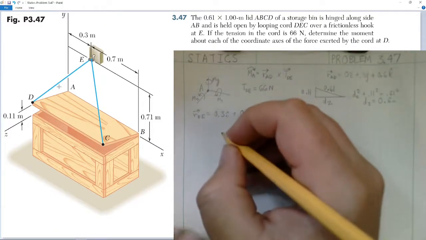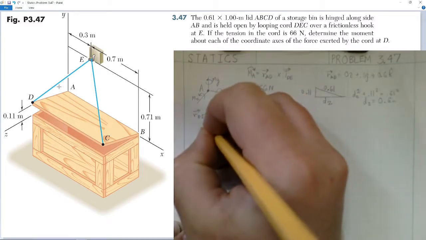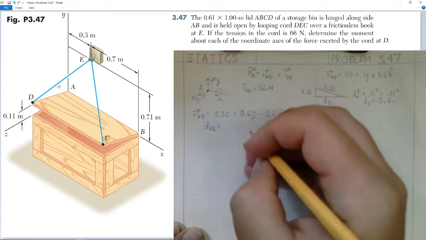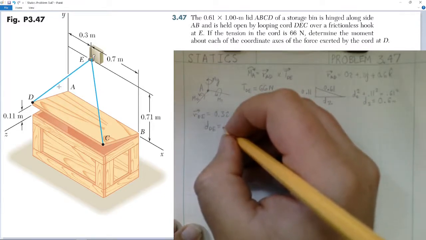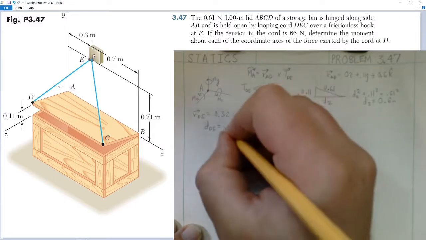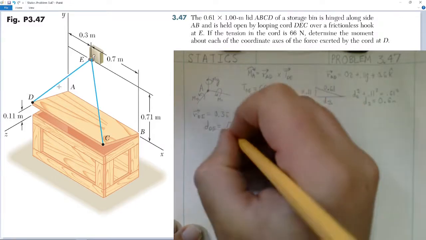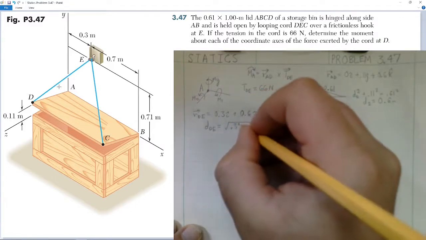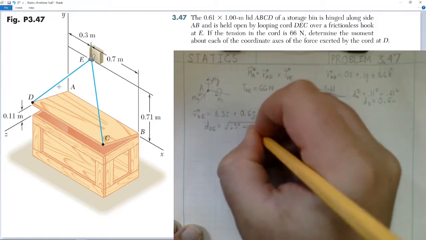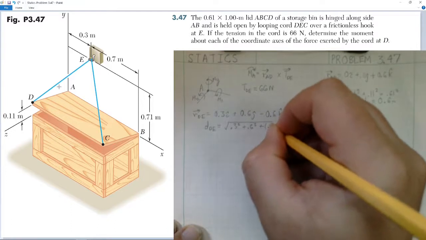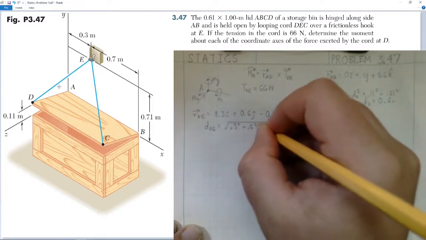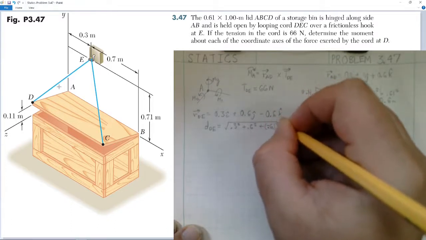Now we'll need to find the magnitude of this, so let's calculate the distance from D to E. We're using the distance formula, not the Pythagorean theorem. The distance formula would be the square root of 0.3 squared plus 0.6 squared plus, in parentheses, negative 0.6 squared.